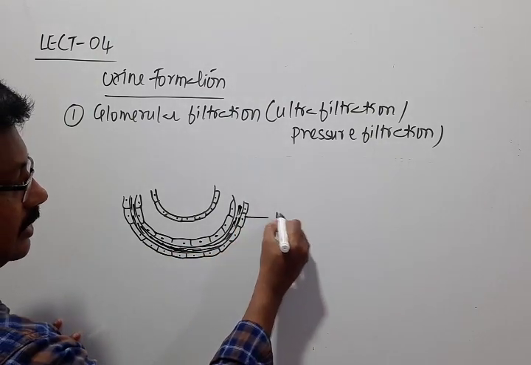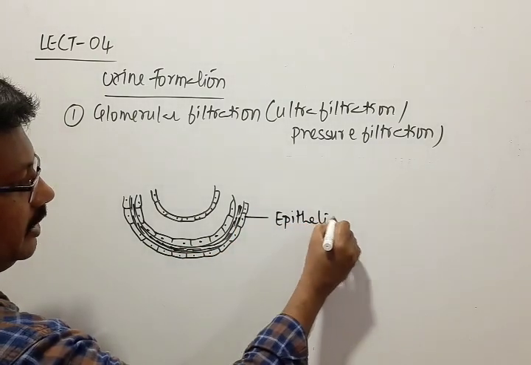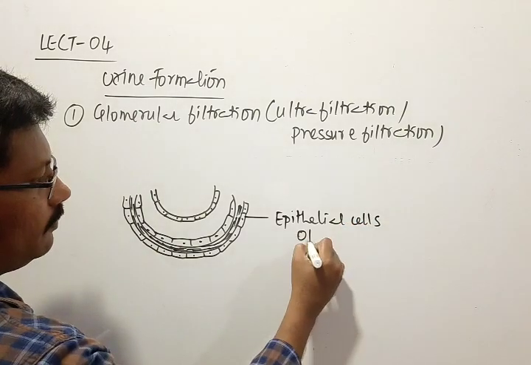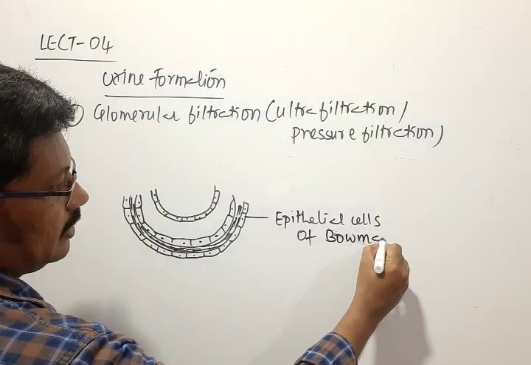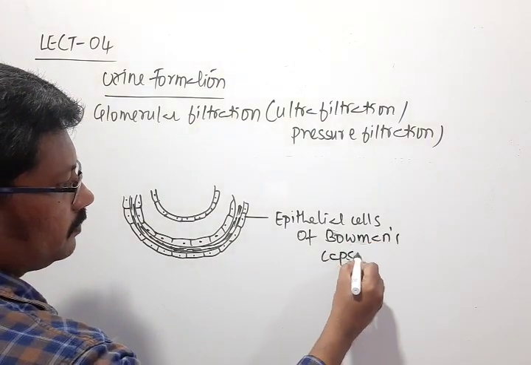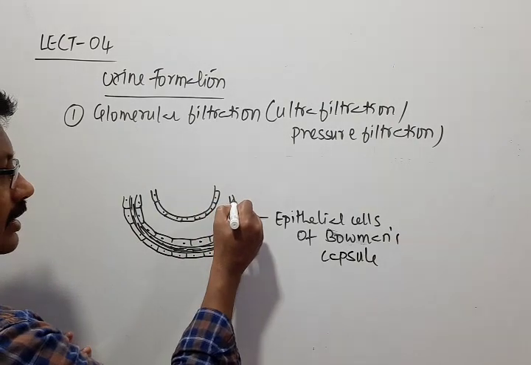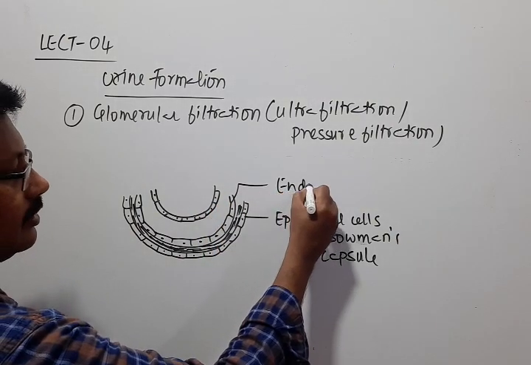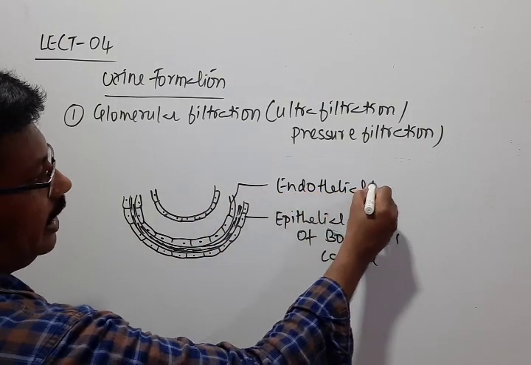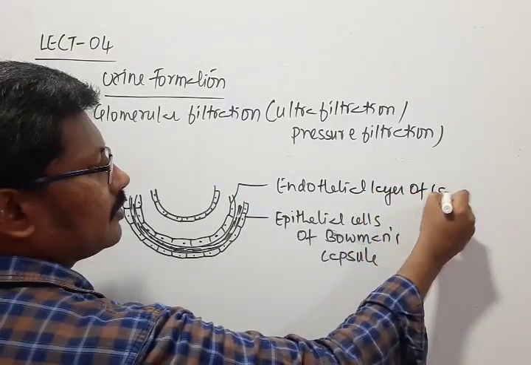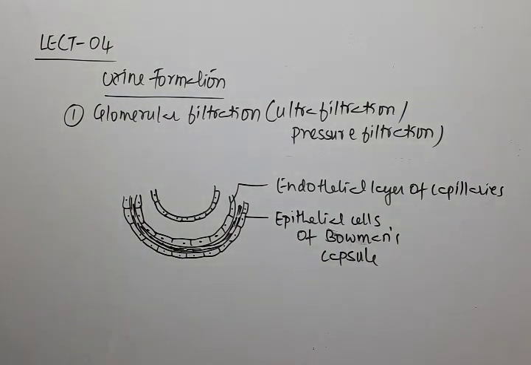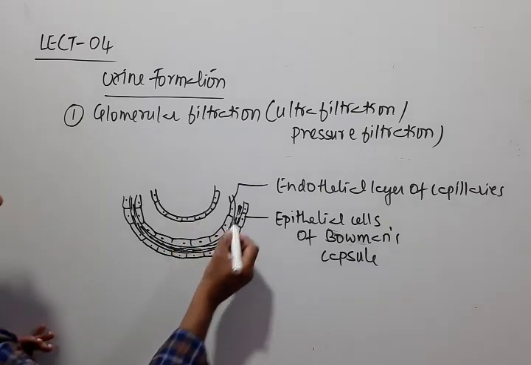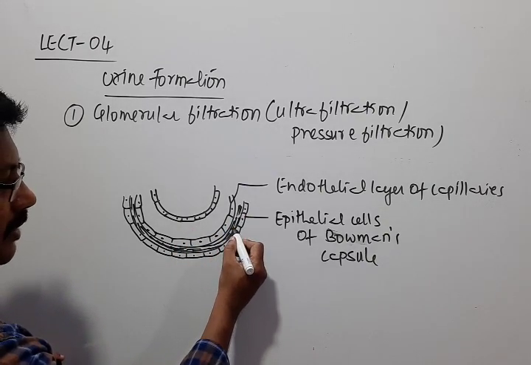This is the epithelial cells of Bowman's capsule, and this is the endothelial layer of capillaries. We know there is a network of capillaries formed inside the Bowman's capsule, and in between you find the basement membrane.